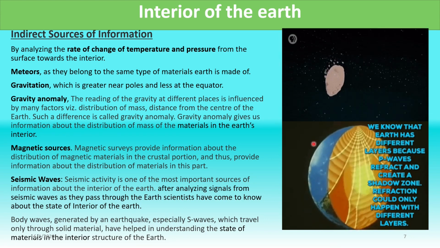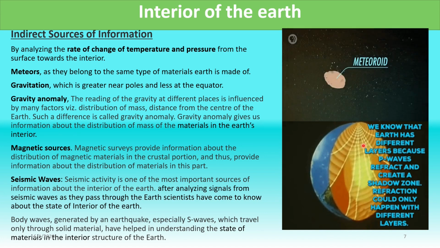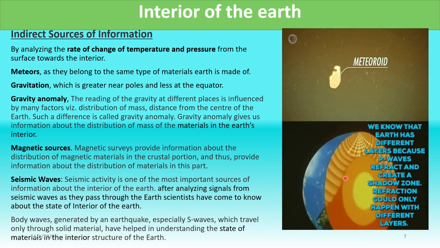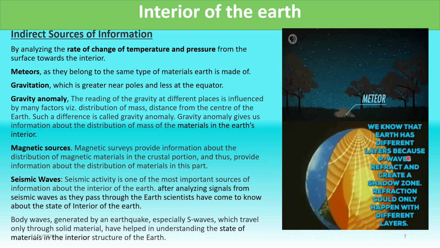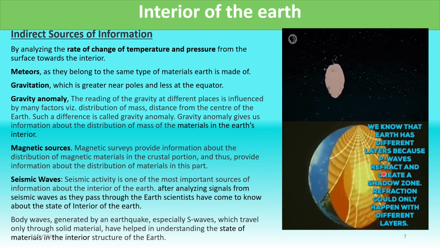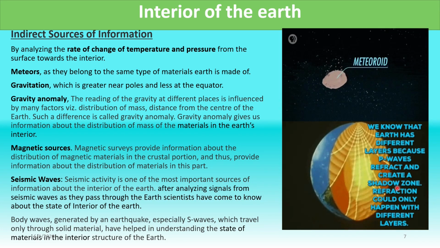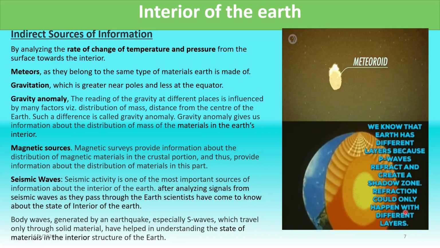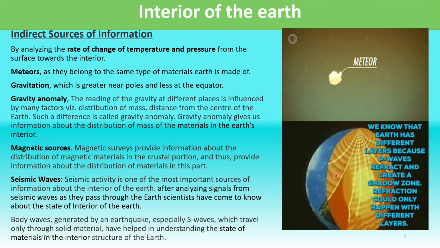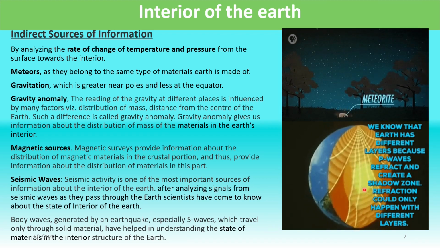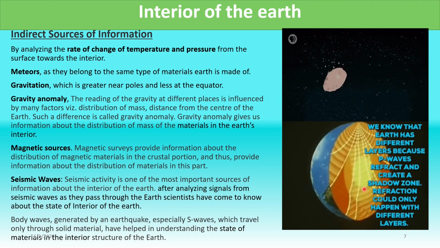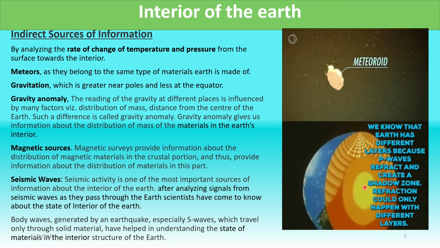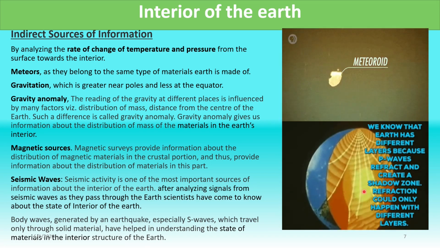Even the seismic waves, the P waves and the S waves: we know that the Earth has different layers because P waves refract and create a shadow zone. Refraction could only happen with different layers. S waves cannot cross, or cannot pass through, the liquid material.